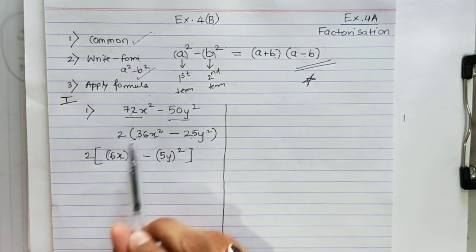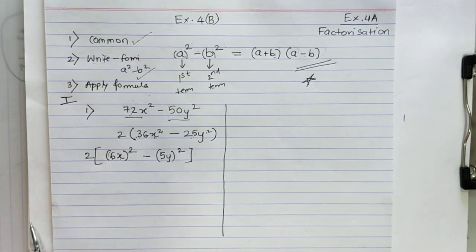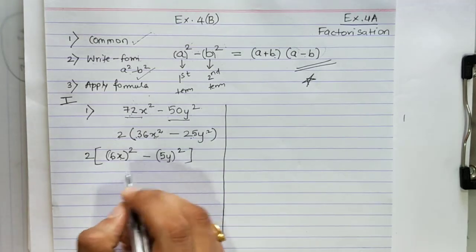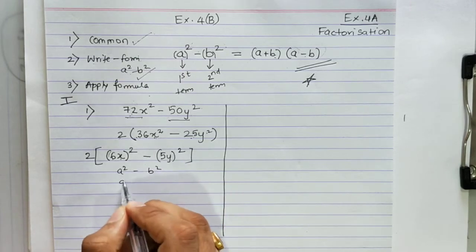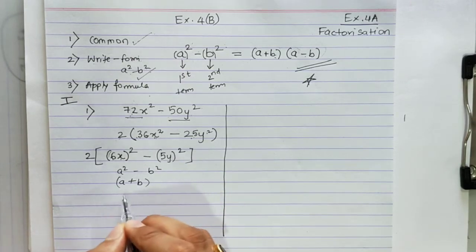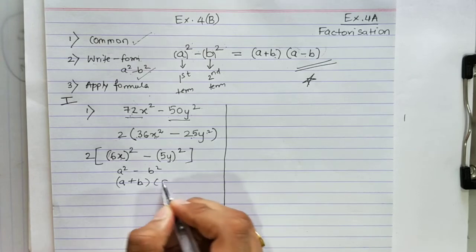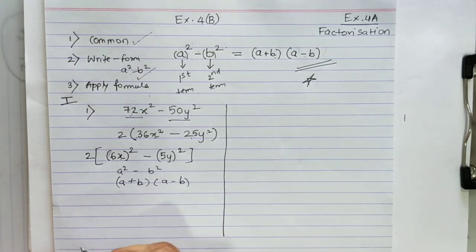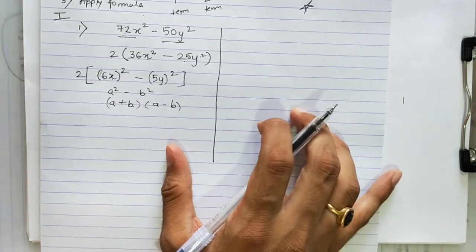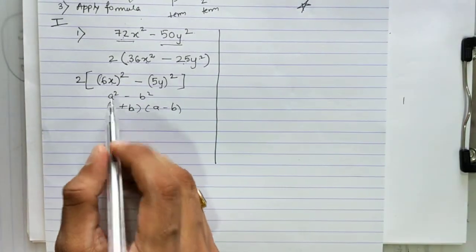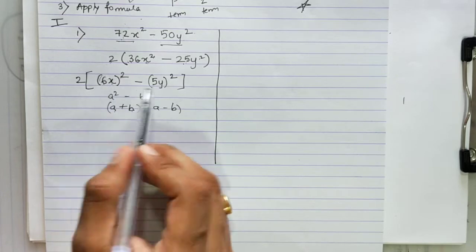Understood? See, 6 square 36, x square here. Now this is in the form of a square minus b square. Now what is the formula for a square minus b square? A plus b means first term plus second term, and a minus b means first term minus second term.